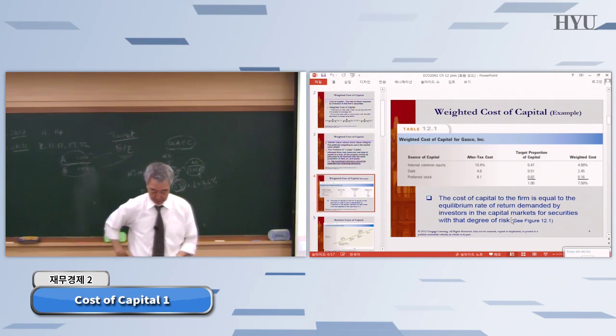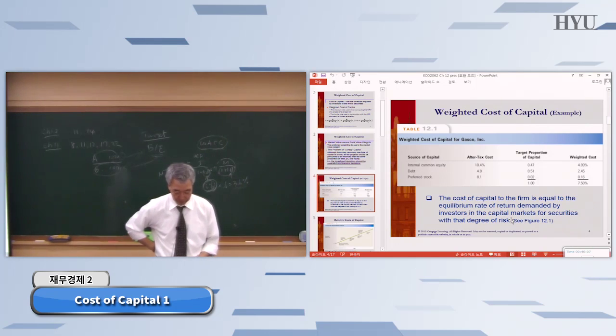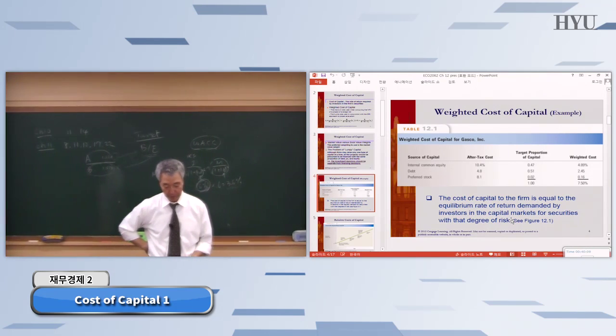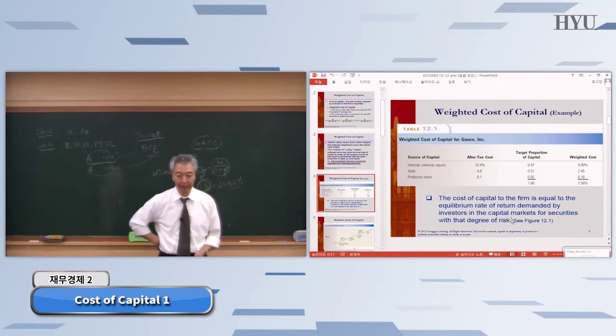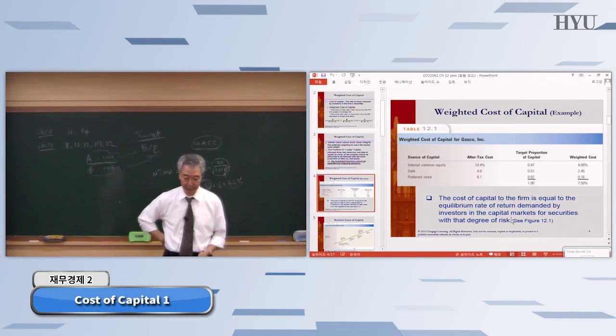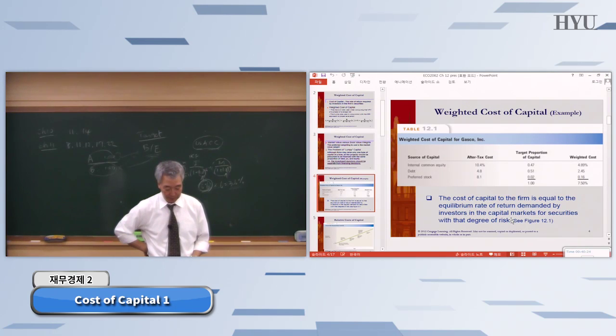So here's a simple example. We have three components: common equity. It says internal common equity, which means retained earnings. External common equity is stocks. So we have internal common equity, debt, and preferred stock.